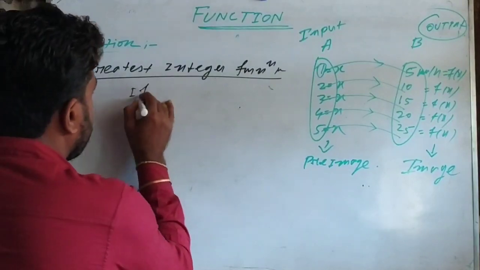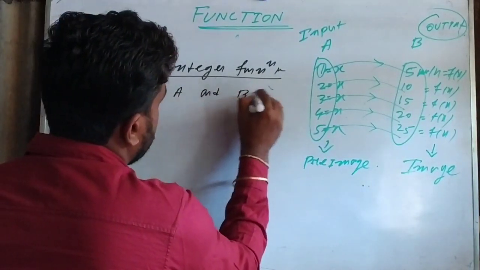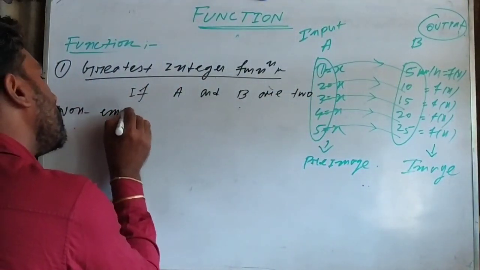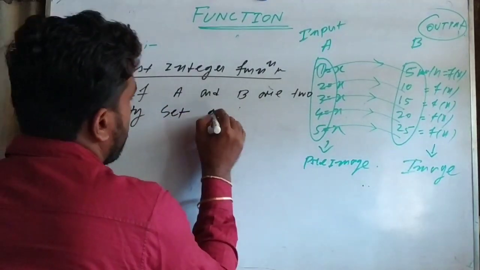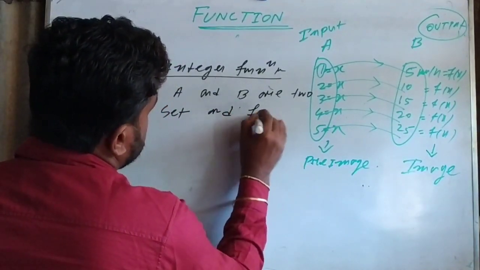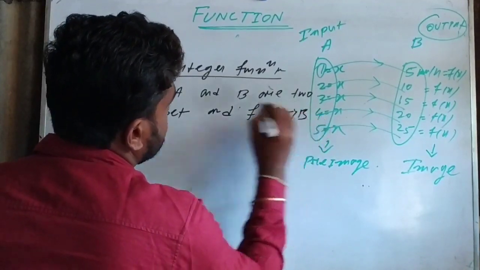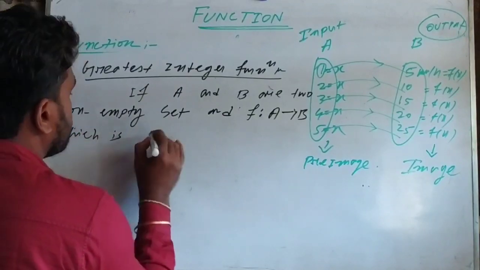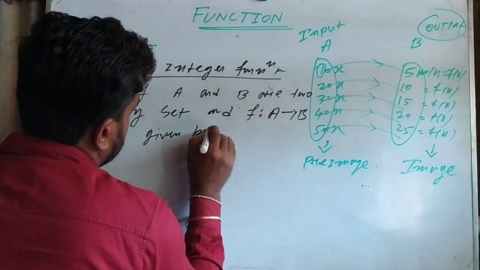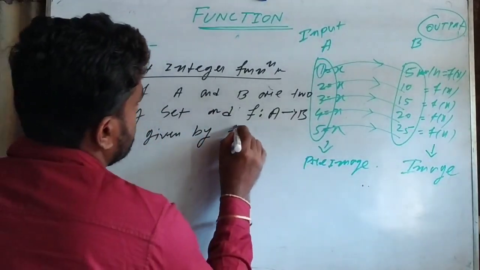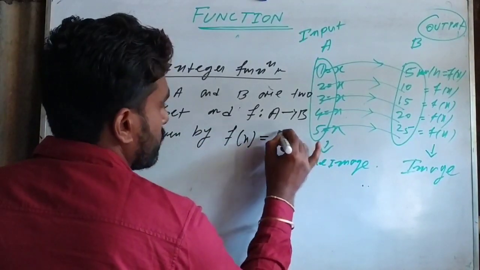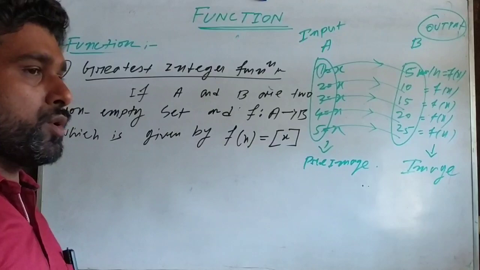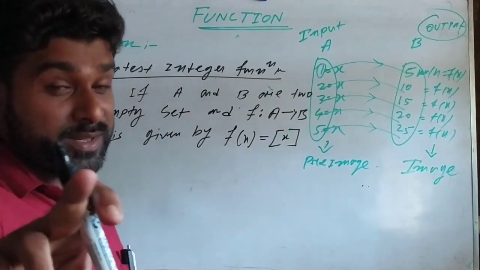If A and B are two non-empty sets and f is such that A to B, going toward B, which is given by fx equals box of x. The greatest integer function is always denoted by a box, not the equivalence class.